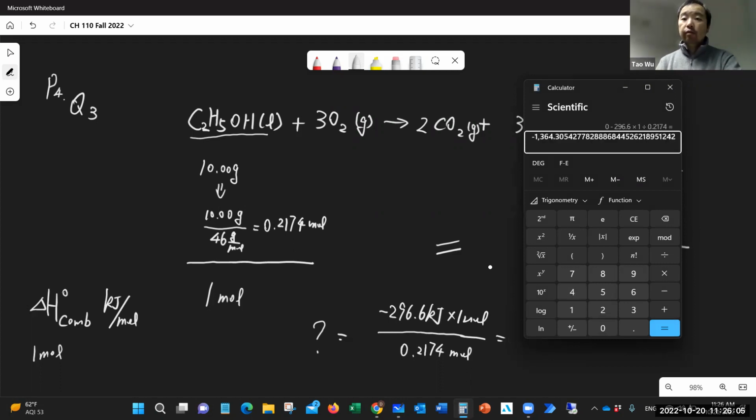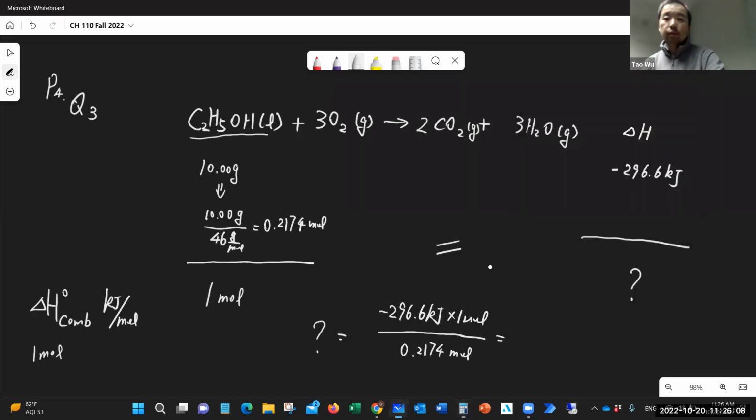We got negative 1364 kilojoules of heat. Okay, that is the kilojoule, and that is going to be the answer. Because the question only gave us 10.00 grams, it's 4 significant figures, so the answer will have 4 significant figures here. Okay, that makes sense.